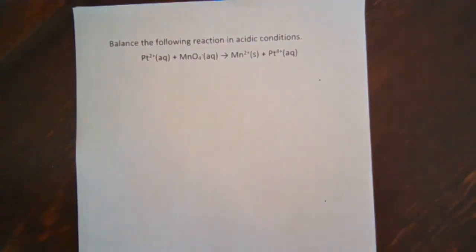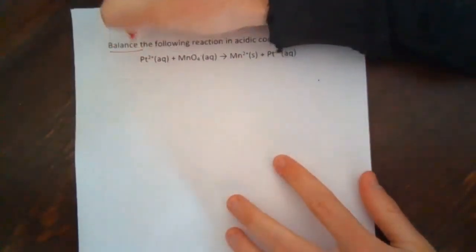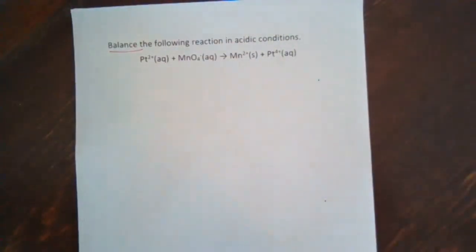All right, so we want to balance our reaction in acidic conditions. And so, we know that we're dealing with redox reactions, reduction oxidation, electrochemistry. And so when we're going through that process of balancing, we always want to split into half reactions.